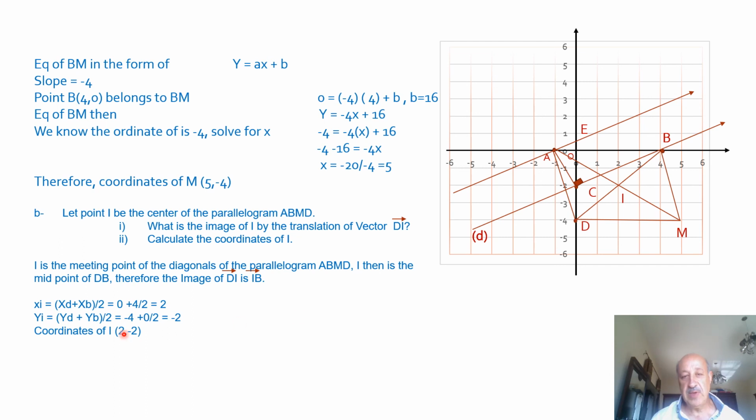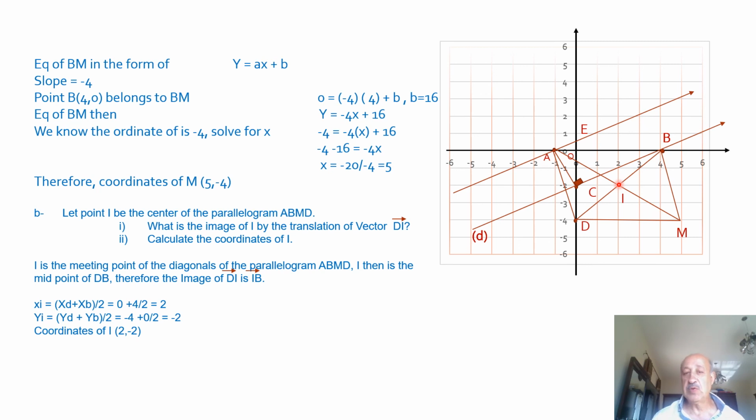This will give me the abscissa of I is 2. Similarly, for its ordinate, the ordinate of this point plus the ordinate of D divided by 2 gives me the ordinate of I. So the coordinates of point I are 2 and minus 2. Here is 2, and here minus 2, they meet here.